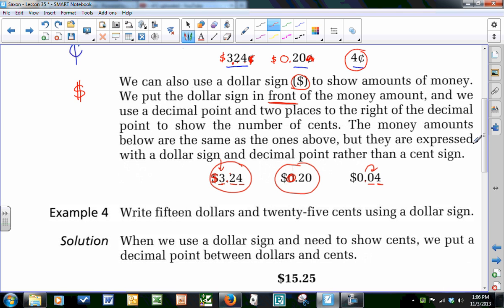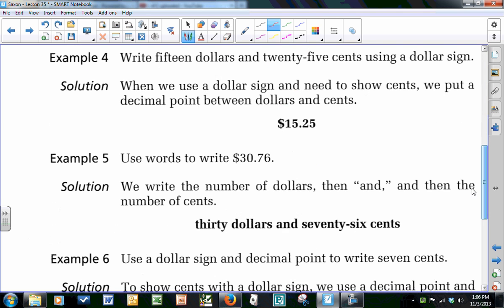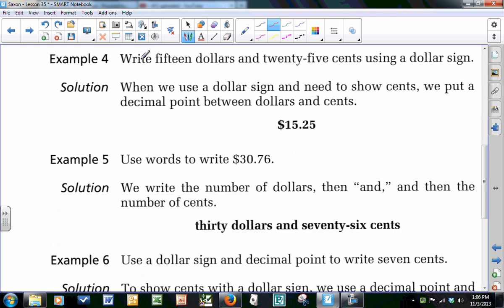So let's look at some examples here. Example 4 wants you to write, that's the verb, $15.25 using a dollar sign. So do your real reading. You're going to be writing and you're going to be using a dollar sign. So you can start off with a dollar sign right away. And so here's your $15.